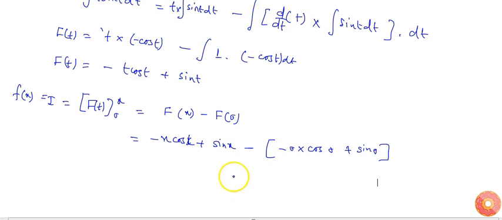So the second term f(0) will be 0, so I'll get f(x) equals minus x cos x plus sin x.